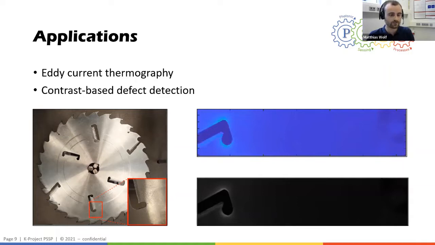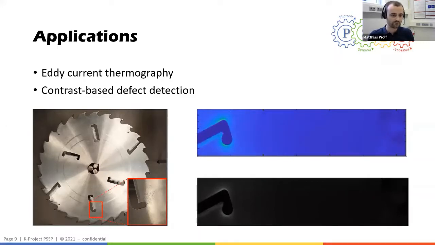The top figure on the right-hand side is a slow motion animation of the recorded data. Maybe you have spotted the large temperature peak of the crack before.